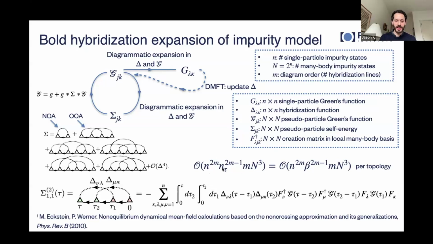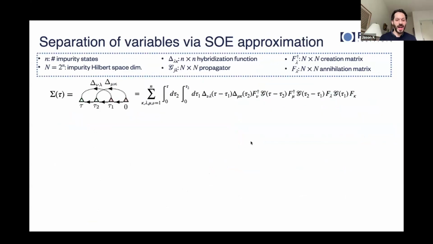And by the way, n tau, if we discretize on an equispaced grid like by the trapezoid rule, scales as O of beta, as I told you before. So we get a very nasty scaling. This is why people don't really do this beyond first and second order, except in a few rare cases. Okay, so this is what we would like to beat, and hopefully beat by a lot.